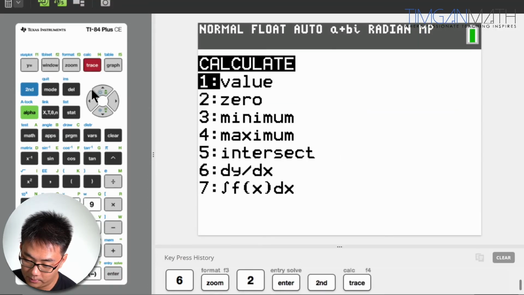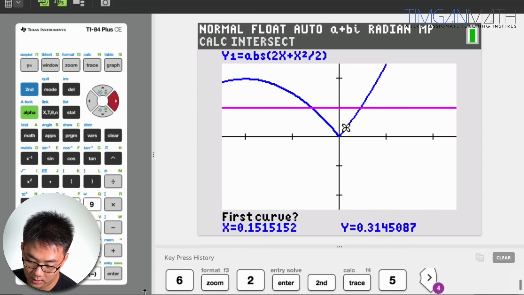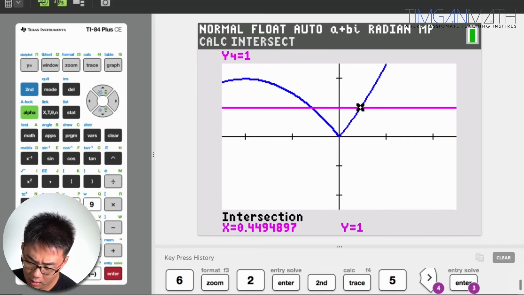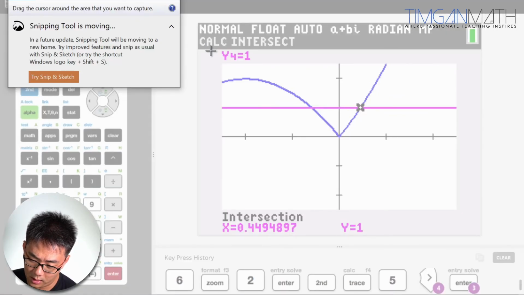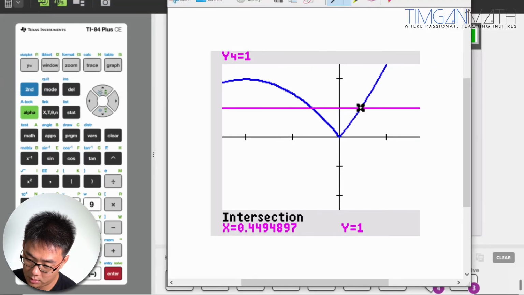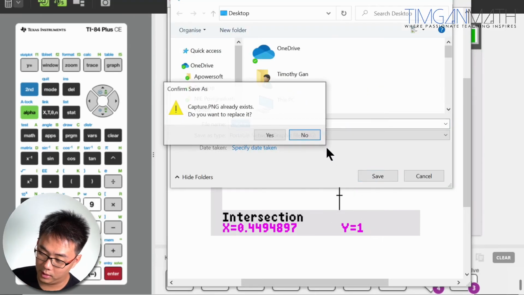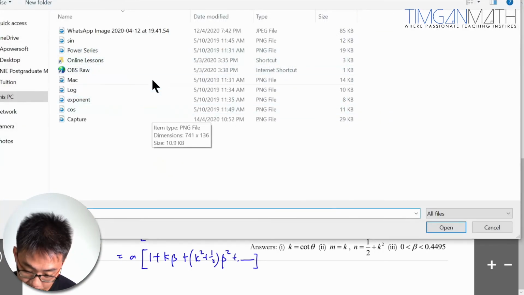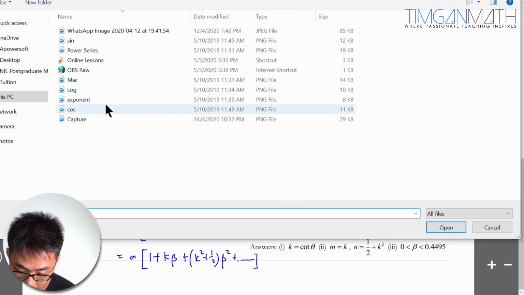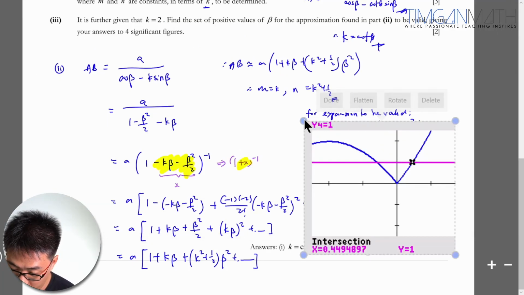So calculate, intersect. I'm just doing this properly. Enter. This is your answer. Check. This is just solving inequalities. It's a bit to do with power series, but it's not totally out of the league.